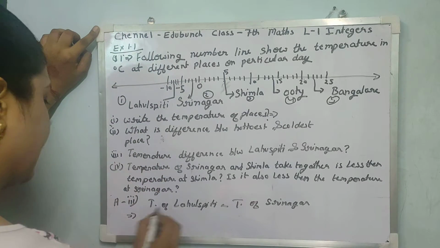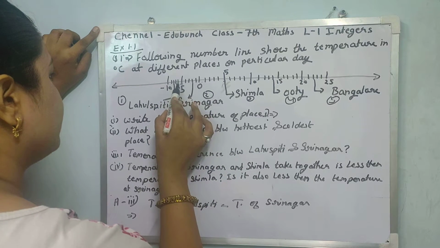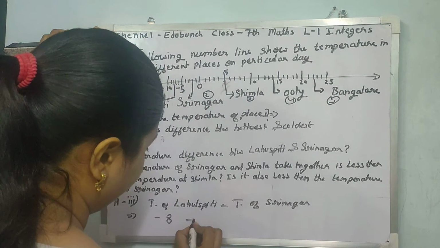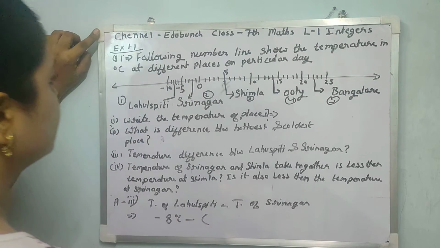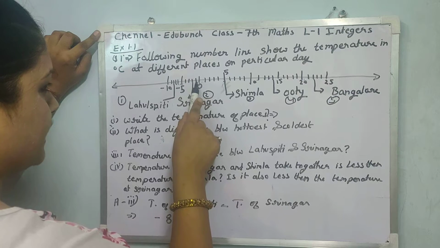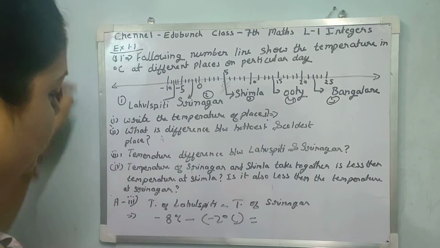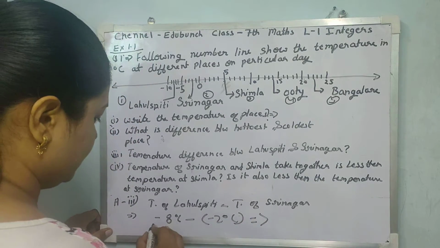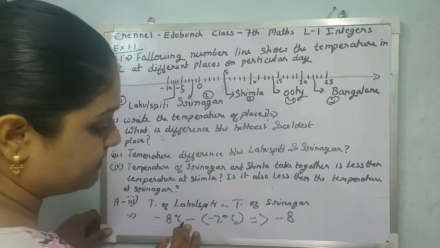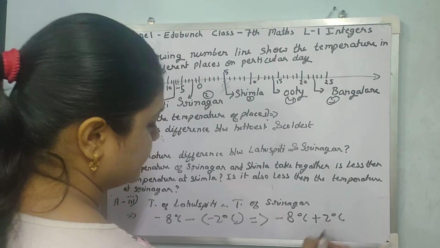The temperature of Lahul Spiti is -5, -6, -7, -8 degrees Celsius, and the temperature of Srinagar is 0, -1, -2 degrees Celsius. So here minus 8, and minus multiplied with minus becomes plus, so plus 2 degrees Celsius.